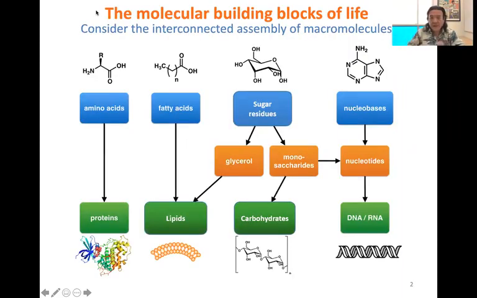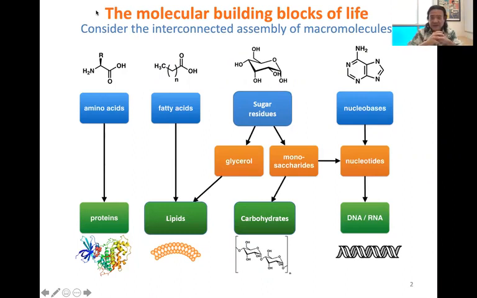So at this point in the semester, hopefully, we've built up an appreciation of the fact that the living cell is made up of these different types of common components, small molecules that are individual building blocks of larger molecules, right? In many cases, those are things like polymers, where you have individual, well-defined, repeated small units that can be chained together in a certain way to make a large macromolecule.